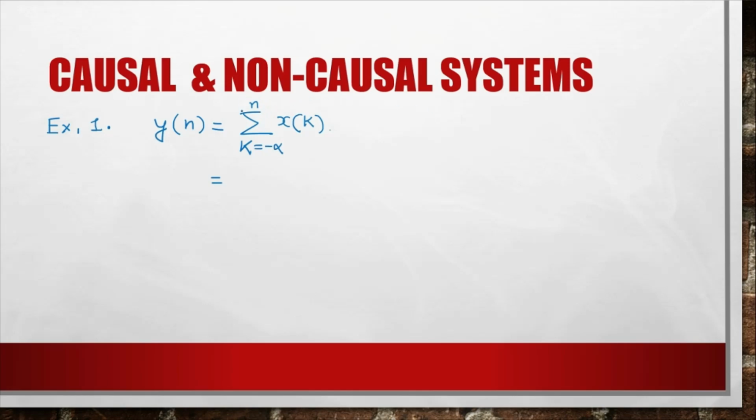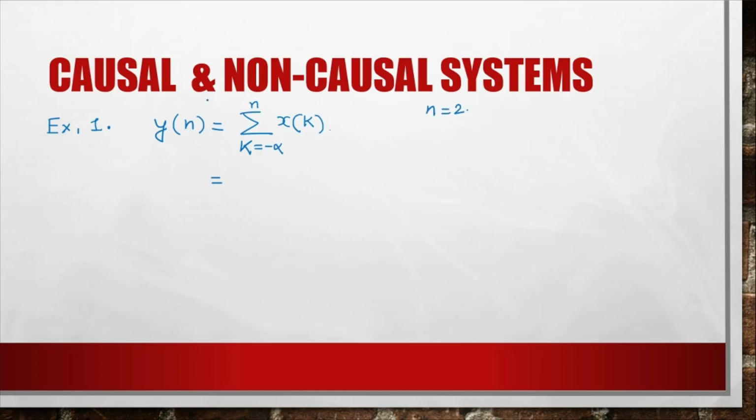Suppose this value is equal to 2. You want the output at the instant 2. Okay. Now, what are the values you are getting? Let us take n equal to 2.